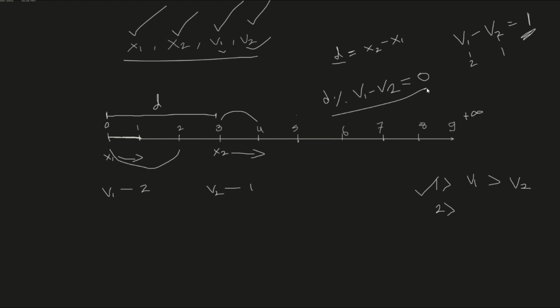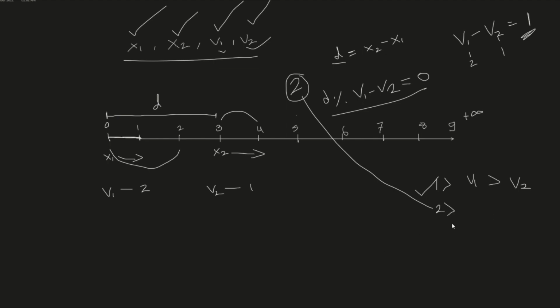Otherwise, it is possible that one of the two kangaroos will jump over or lag behind the other. So we'll consider this also. So we got a second condition too.